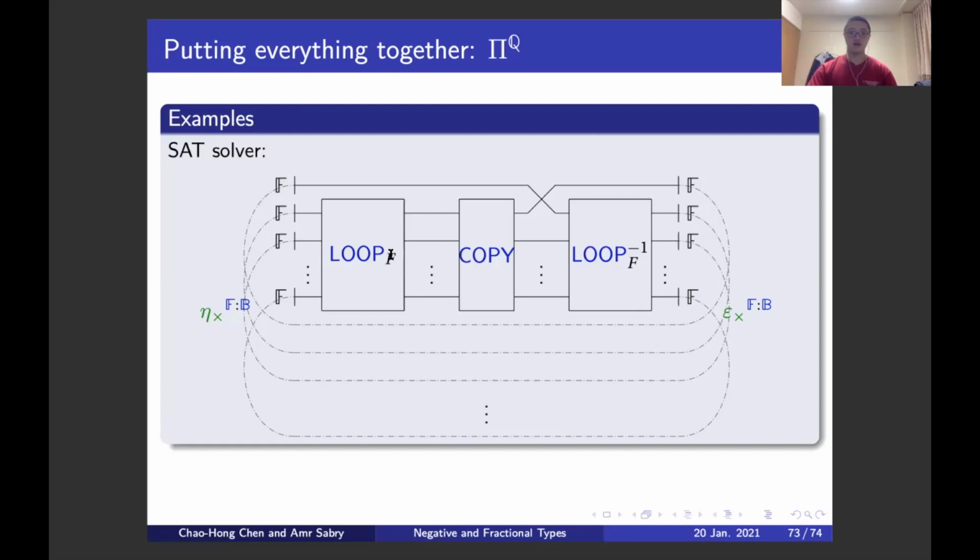So if this circuit is satisfiable, then the execution will succeed. But if this circuit is not satisfiable, the execution of this circuit will throw an exception.